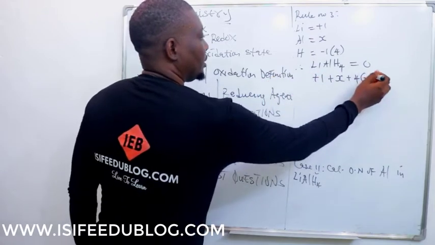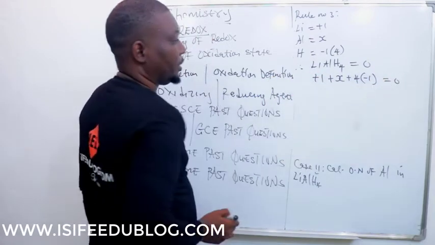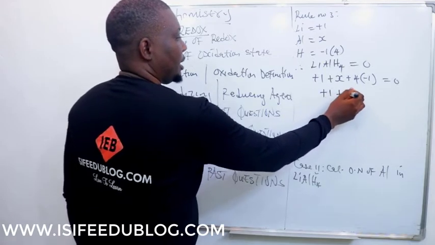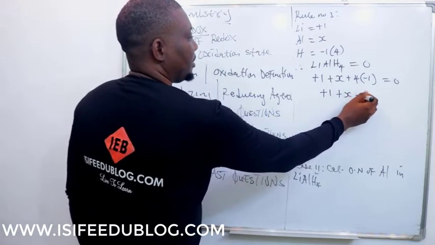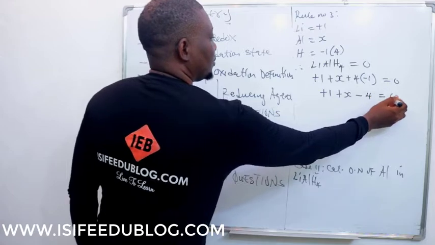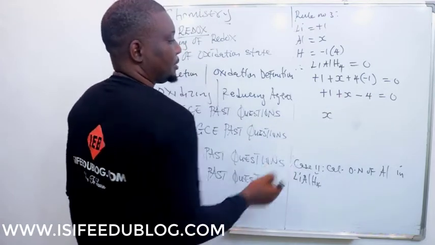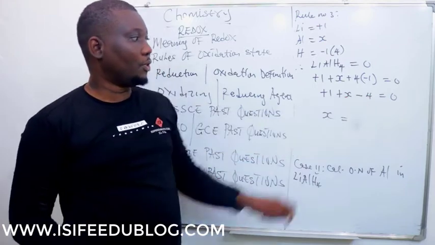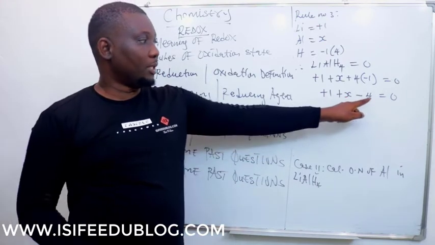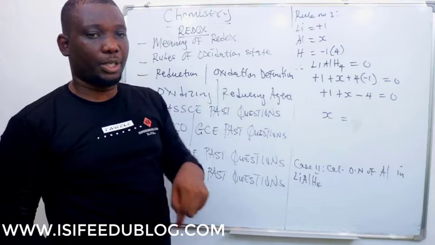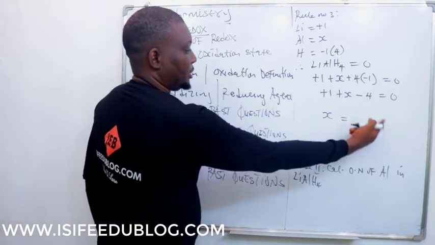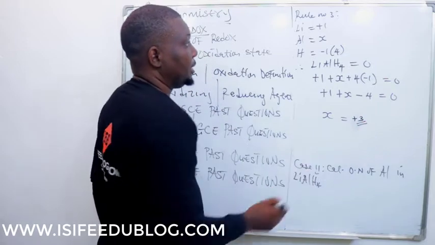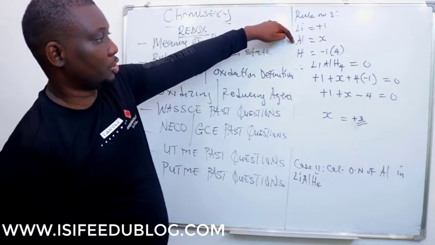So this is plus 1, plus X, minus 4 equals to 0. And so X is equal to plus 1 minus 4? No: X is equal to minus 1 plus 4... Plus 1 minus 4 is minus 3. But when minus 3 crosses over this side, it becomes what? Plus 3. So this is aluminium plus 3.